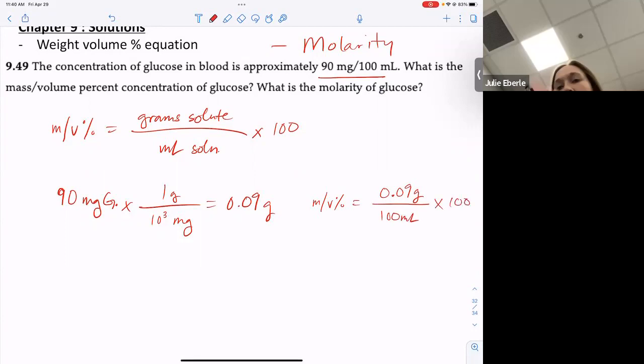So our mass volume percent is just, don't calculate it, the hundreds cancel. I want to help you recognize these things, because these would be shortcuts on the exam that would save you time. Just notice those hundreds cancel. My percent is 0.09%.